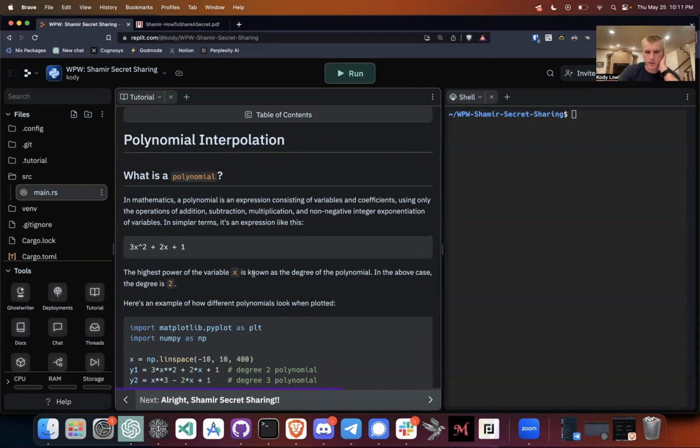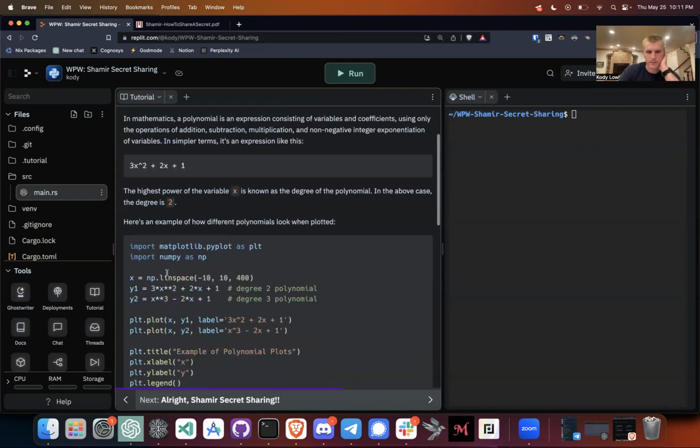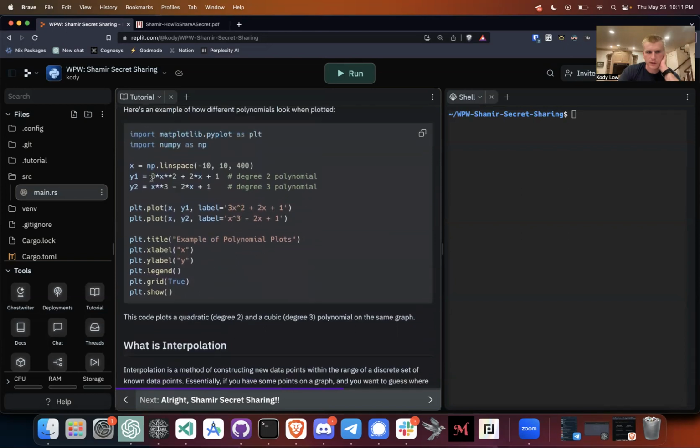And we define the polynomial based off of the highest power of the variable x, right? So this would be a 2nd degree polynomial because this is x squared, right? And if we go down here, this, for example, is 3x squared plus 2x plus 1. That's a degree 2 polynomial because it's x squared. This one would be a degree 3 polynomial because it's x to the 3rd minus 2x plus 1, right?